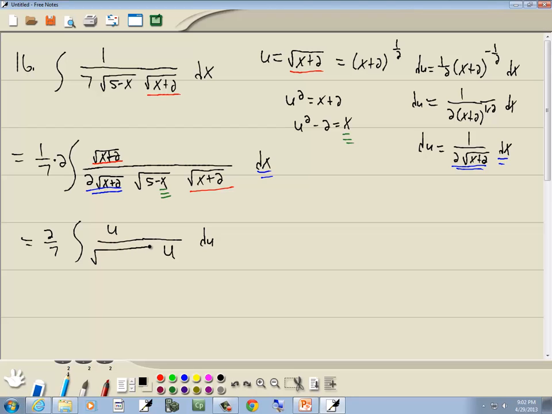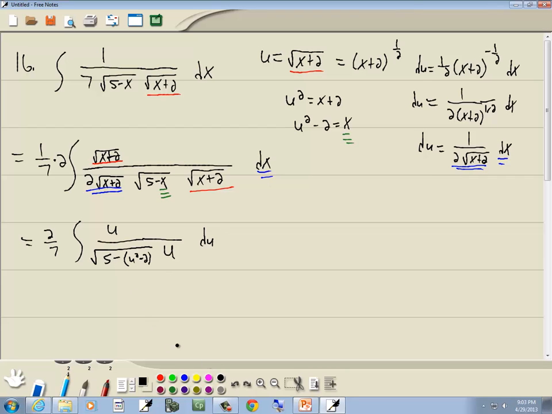And now we got square root of 5 minus, and x we said was u squared minus 2. So I'll put parentheses and I'll put u squared minus 2. So again, I just replace this x here with u squared minus 2.